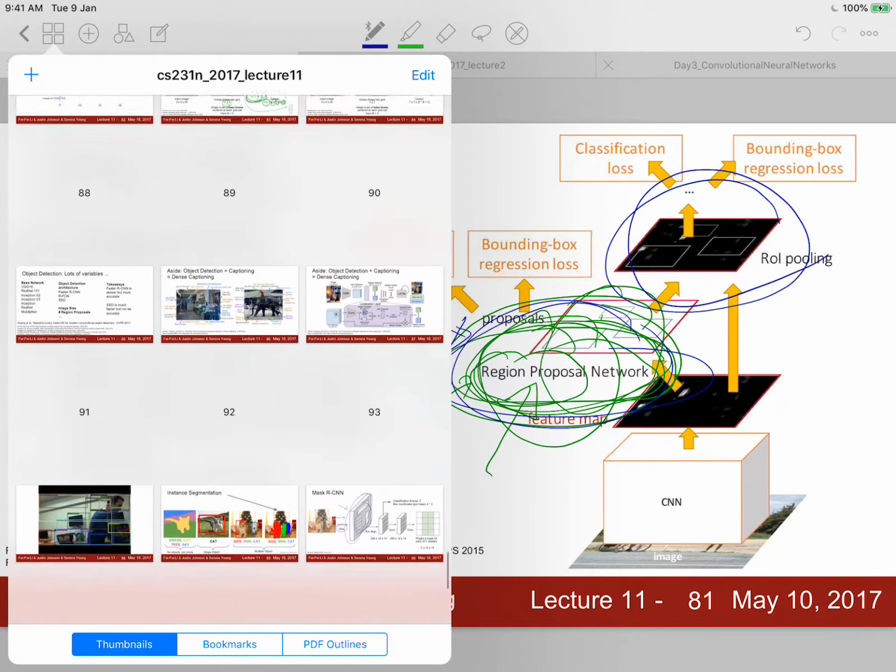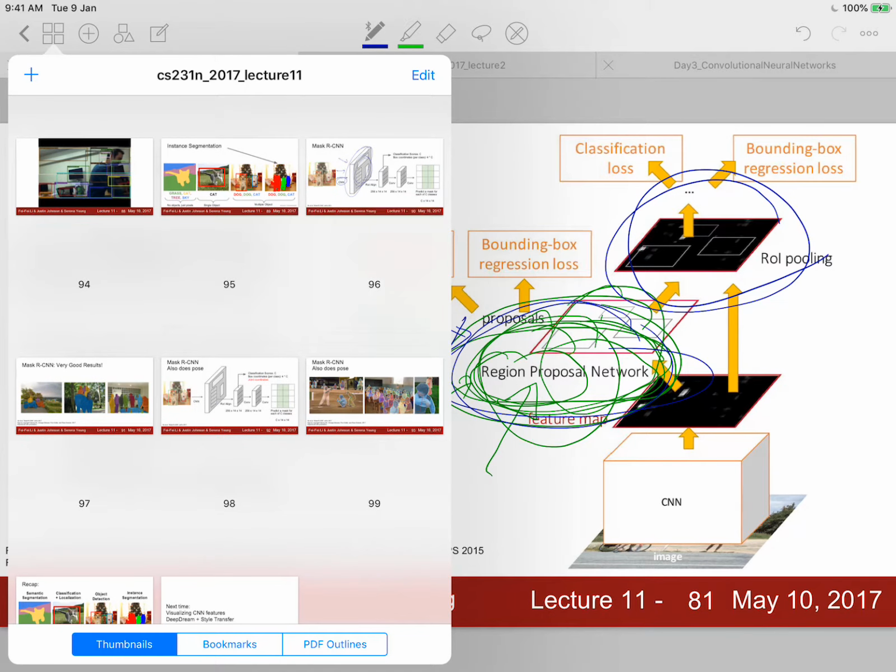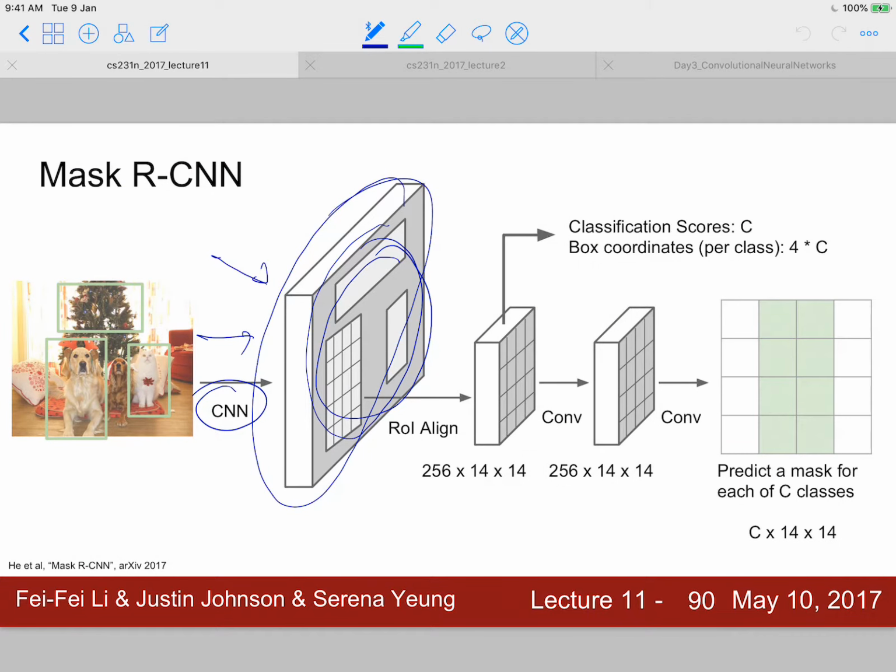So Mask R-CNN certainly includes that module, and then given the bounding box that was just extracted by our region proposal network, it's not following YOLO and SSD. So here we cannot assume that we obtain a fixed number of proposed regions.